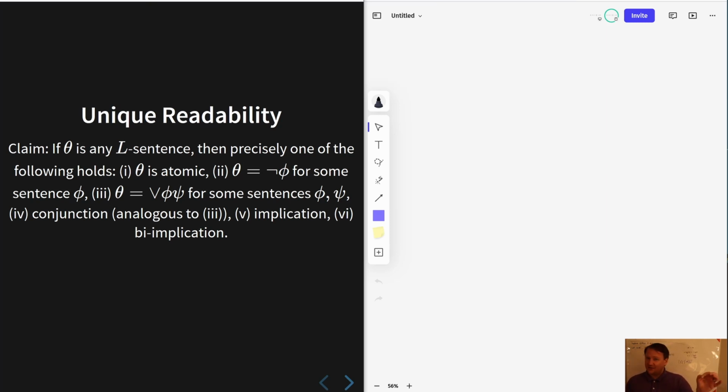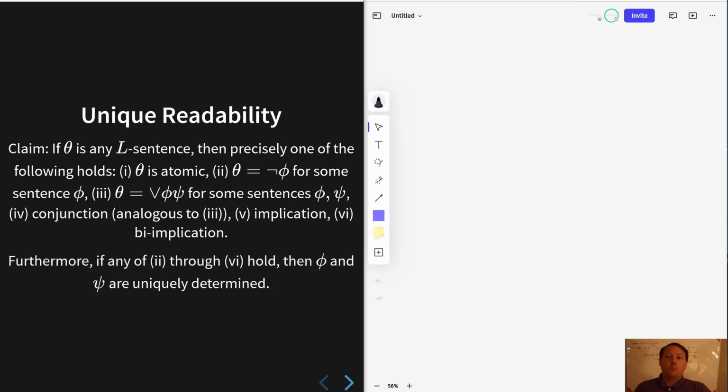That is to say, at least one of these conditions, and at most one of these conditions, for every sentence theta. Moreover, we're going to make a uniqueness claim which says that for any one of these cases, if it has a subsentence, then that subsentence is uniquely determined.